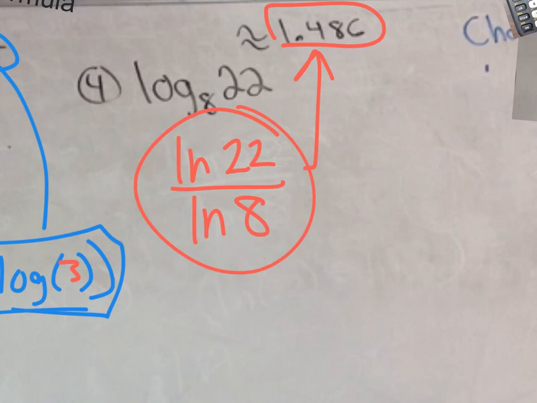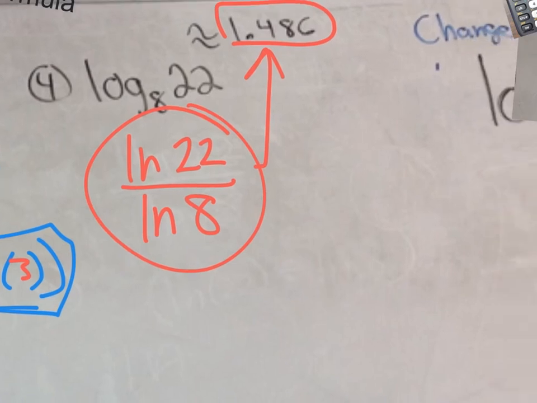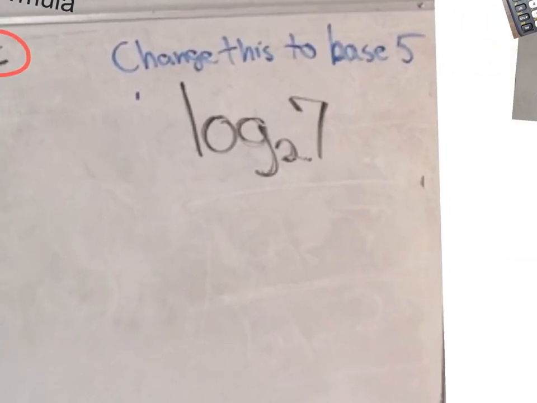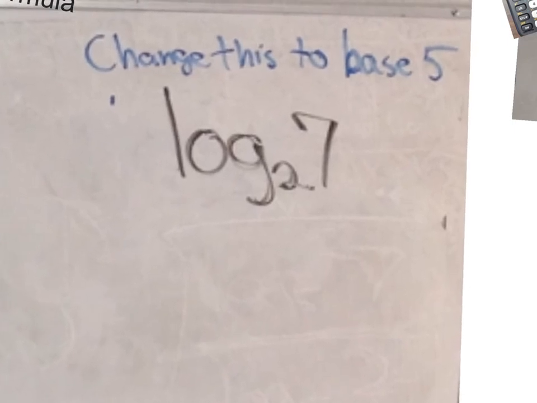Now, we're not always just going to change to base e or to base 10. I remember seeing this on a past final exam where they just tell you, here's a random log base 2 of 7, and they want you to change this to base 5. So using the change of base formula, you're not going to use ln.